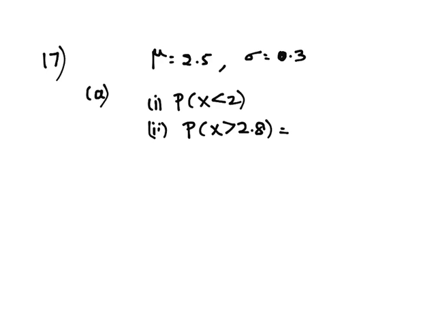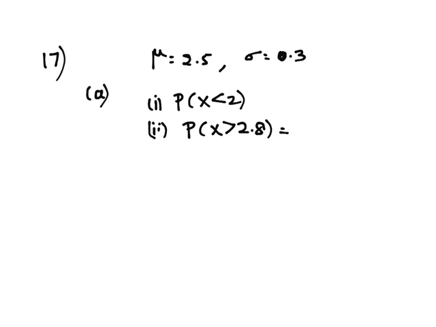Okay. Now let me find the answers. So distribution, normal, NCD. First, let me find P of X less than 2. That means the lower limit is minus 10,000, the upper limit is 2, sigma is 0.3 and mu is 2.5.